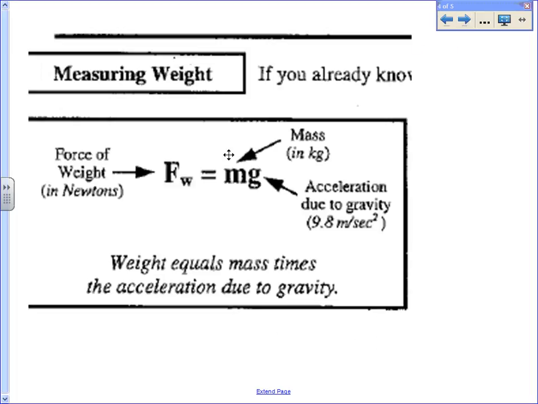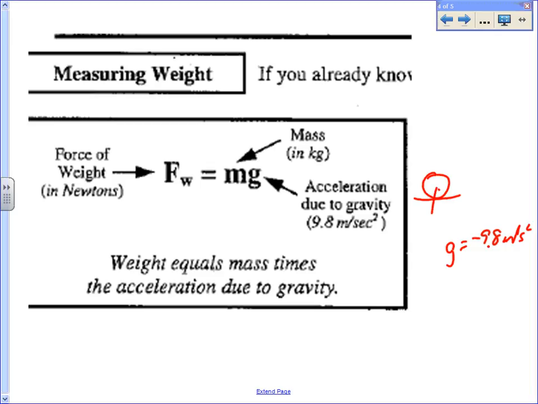The other equation is really the exact same equation, but what they're saying is gravity always pulls an object down with an acceleration equal to negative 9.8 meters per second squared. Now, whenever that object isn't in free fall and is being weighed, we put it on a scale.